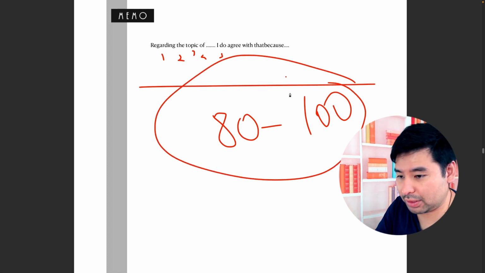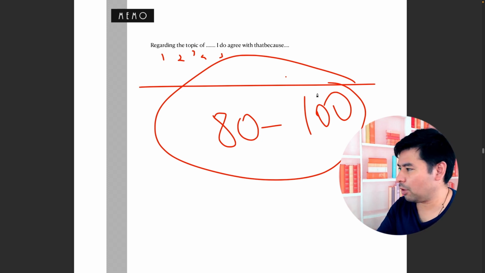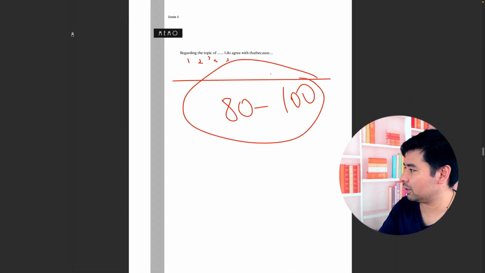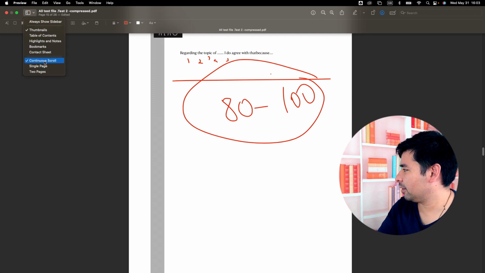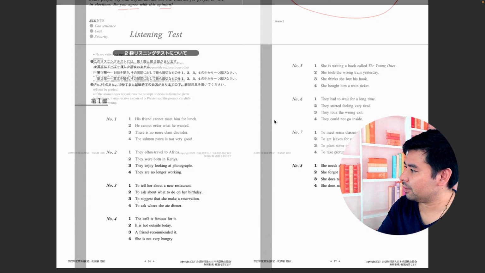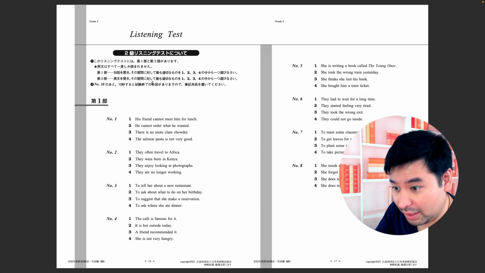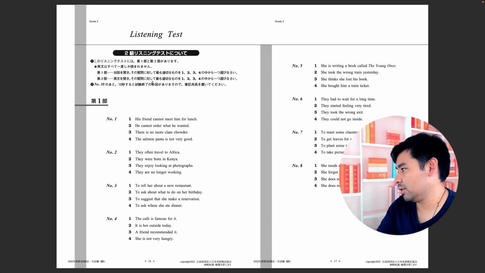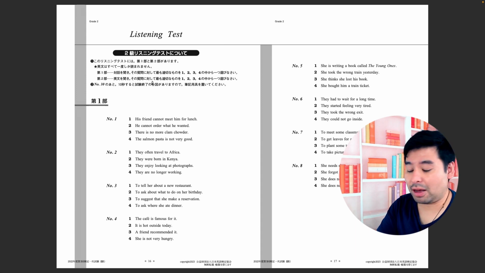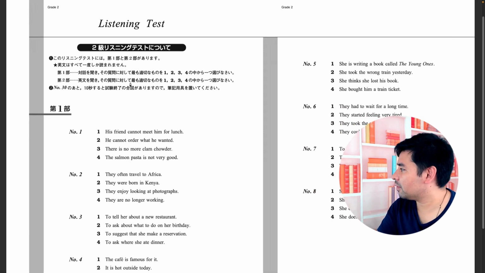Very good. If it's clear, I think, if I'm not wrong, your writing has only one part. So let me get back here to the 2 pages, and after that goes the listening. So again, how does the listening work? We have some information here. We have this first part and this second part.